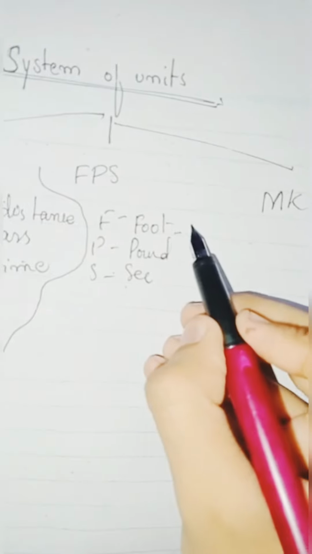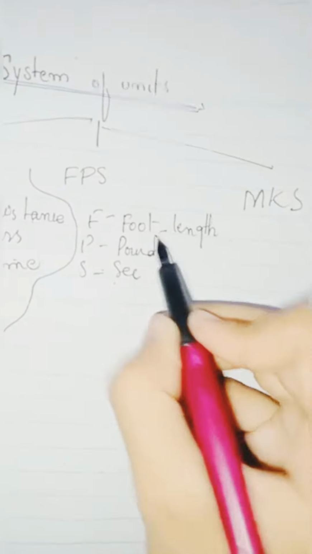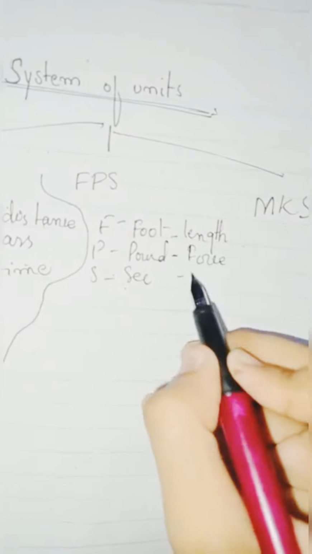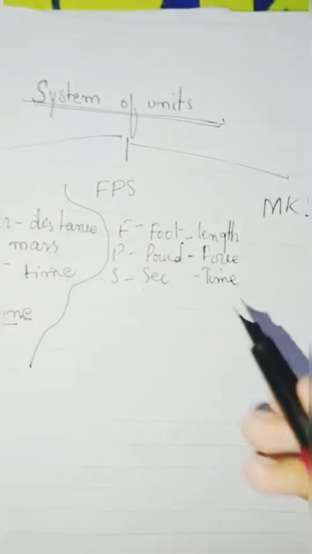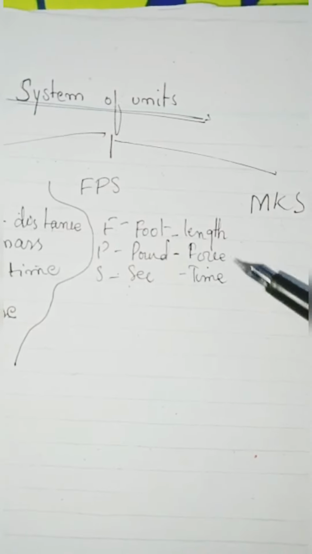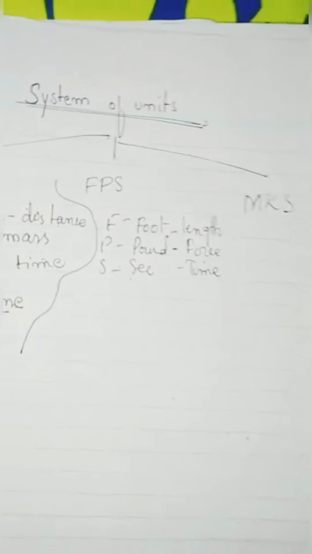The unit of length is foot, the unit of force is pound, and the unit of time is second. In FPS system, these three are the fundamental quantities: length, force, and time.